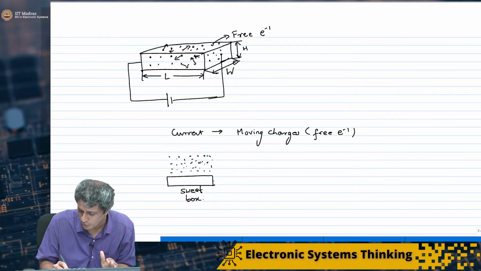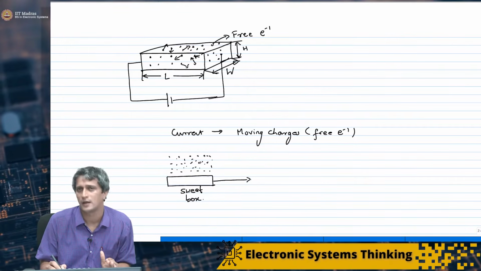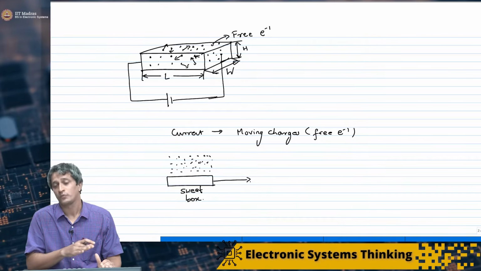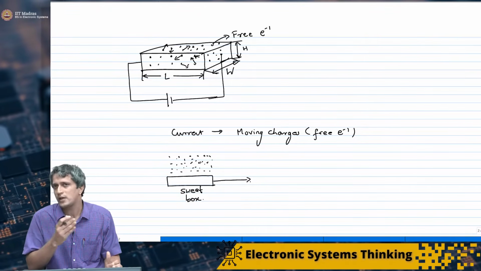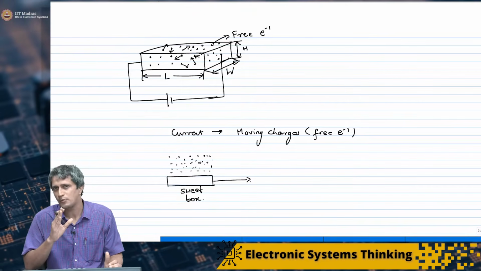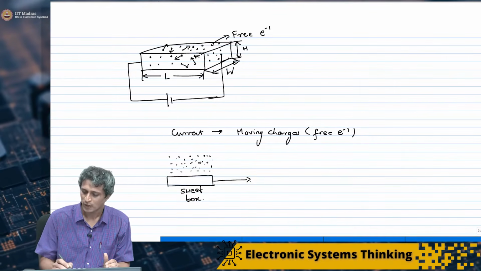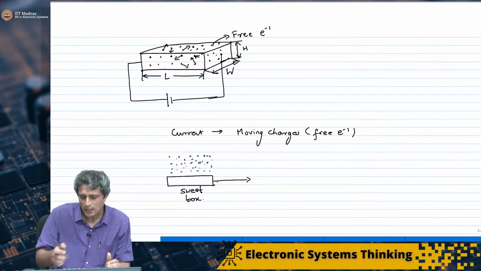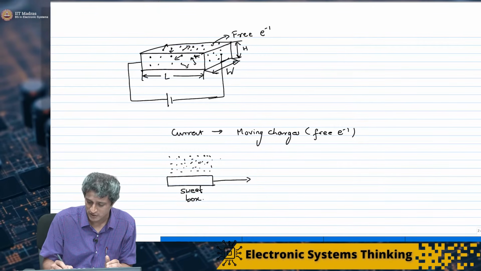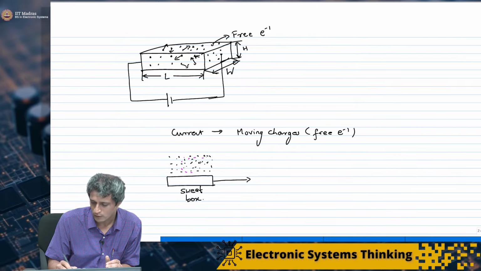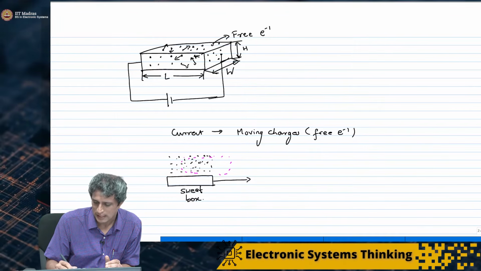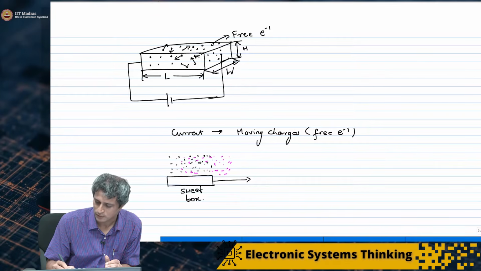Now you move the sweet box slowly, right? You are not going to move this very fast, okay? Even when you have a current, the electrons drift at a reasonably slow velocity, by the way. When this sweet box is dragged or pulled slowly, you will see this entire cloud of flies moving along with the box.